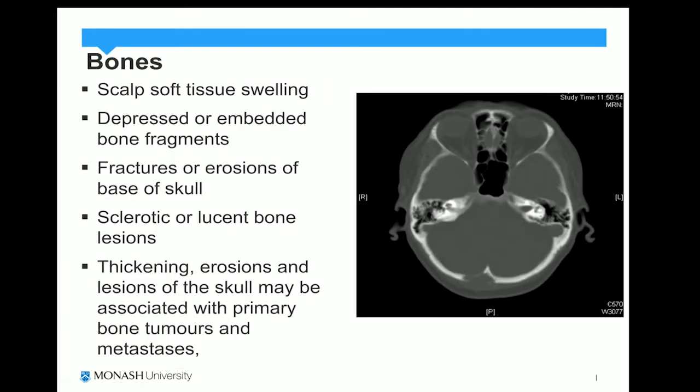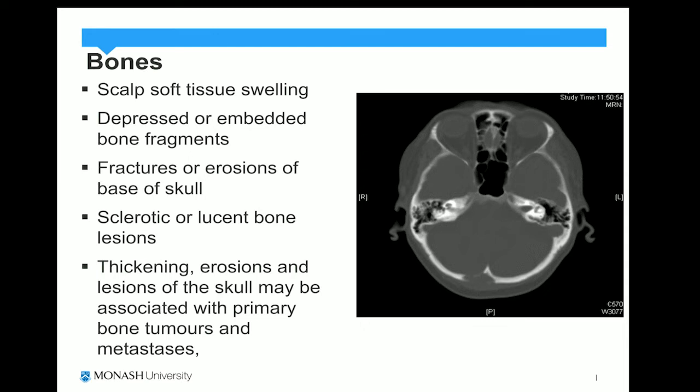So with the bones, you need to play around with the windowing of the brain scan so that you can see the bones carefully. And what you want to look out for is signs of scalp or soft tissue swelling, any evidence of a depressed fracture or any embedded bone fragments.